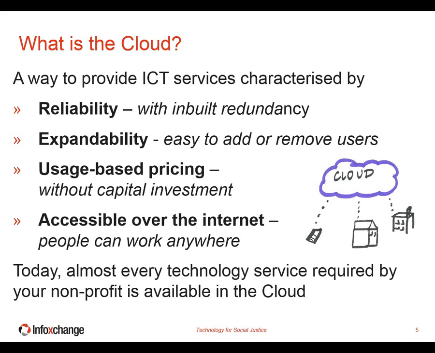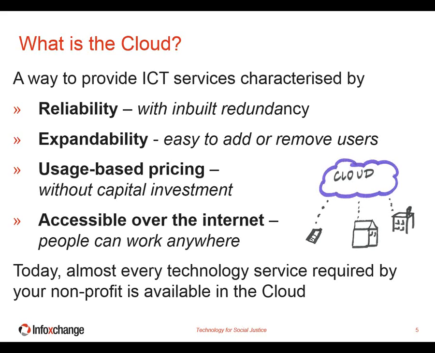At the next layer down, it's a way to provide a service that's characterised by four things: reliability, so that there's inbuilt redundancy; expandability, so that it's easy to add or remove users; usage-based pricing, so you're not dependent on capital investment to add additional staff or users; and it's accessible over the internet so that people can work anywhere.